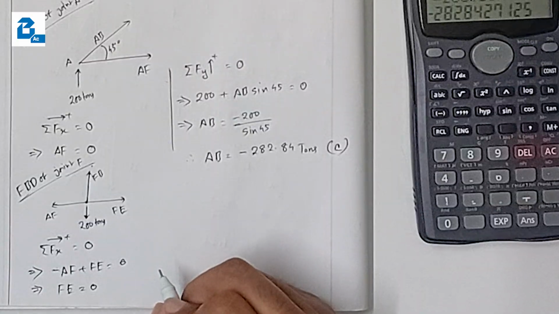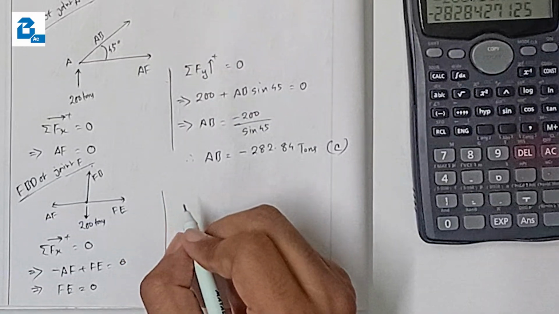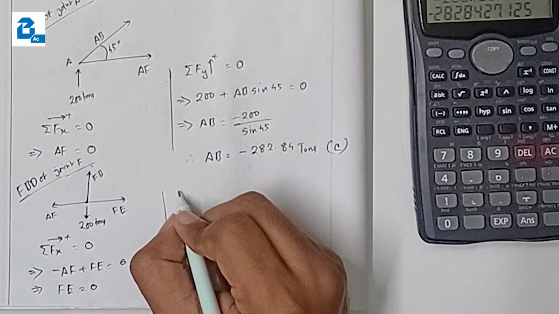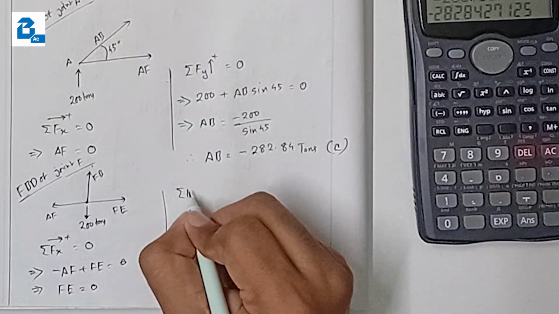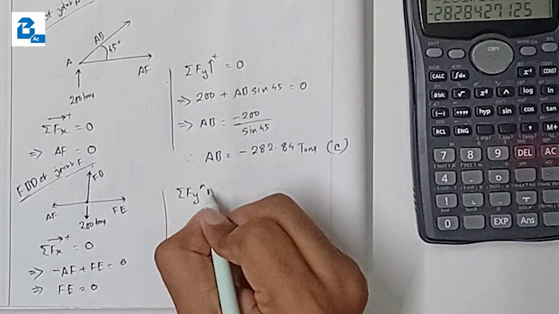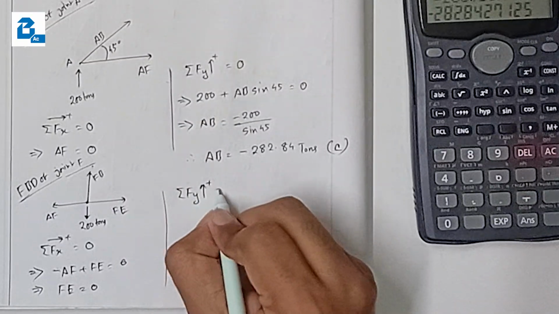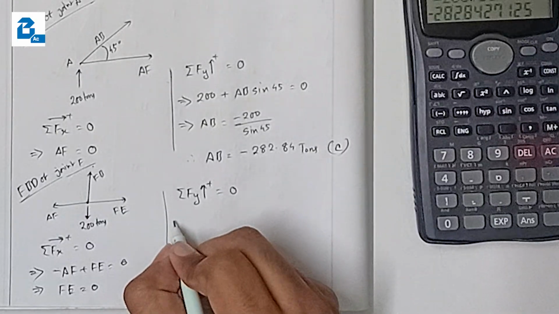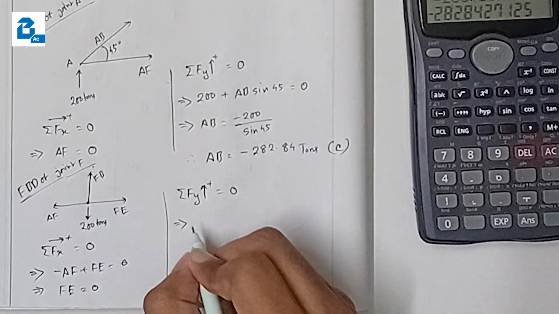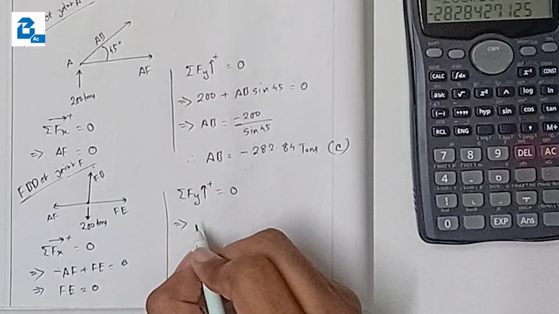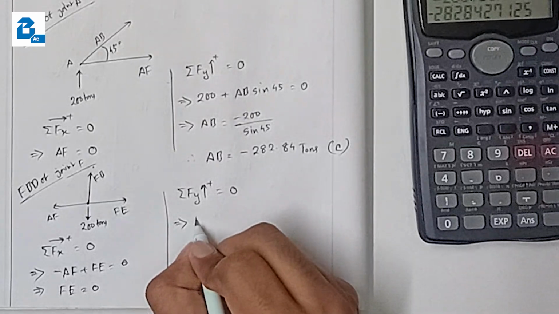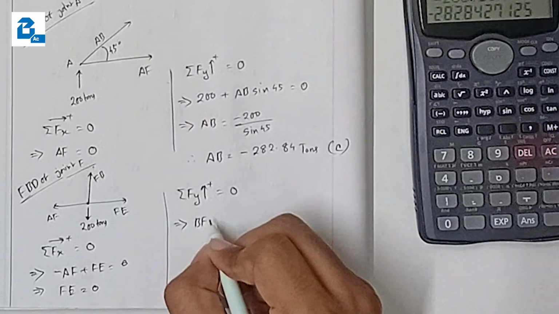Now let's focus on the vertical axis. Here summation of Fy, which is positive upward, equals 0. Then we get FB, or we can say BF, whichever you like.